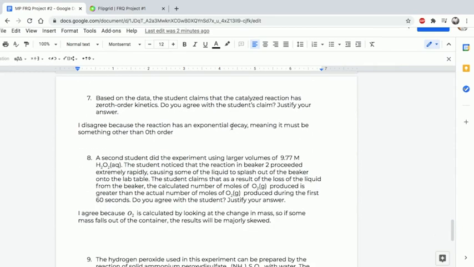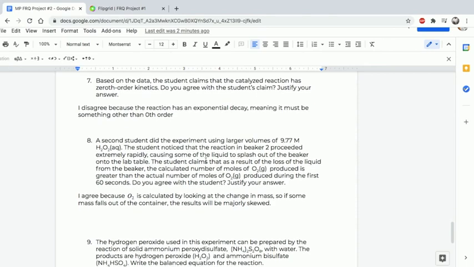Question 8 is asking what would happen if we increased the amount of H2O2, but then the student knocks over some of the beaker and a lot of the H2O2 is lost. Would this skew the results of finding how much oxygen was created?